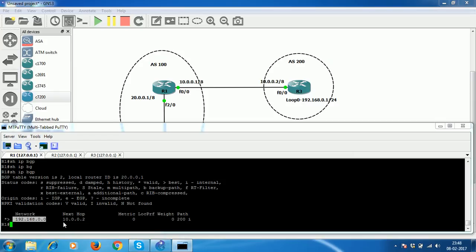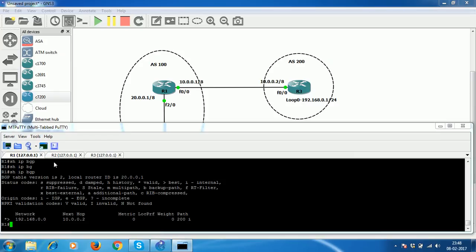Here I have only one path, so this path is valid and the best path. From R1, my next hop will be 10.0.0.2, which is the router 3 interface, to reach that 192 network.